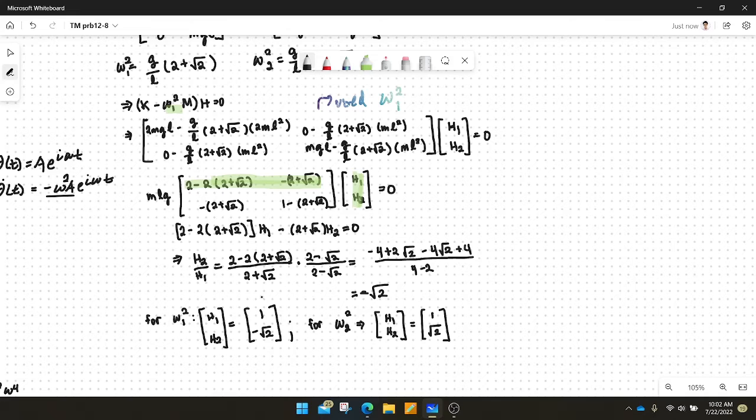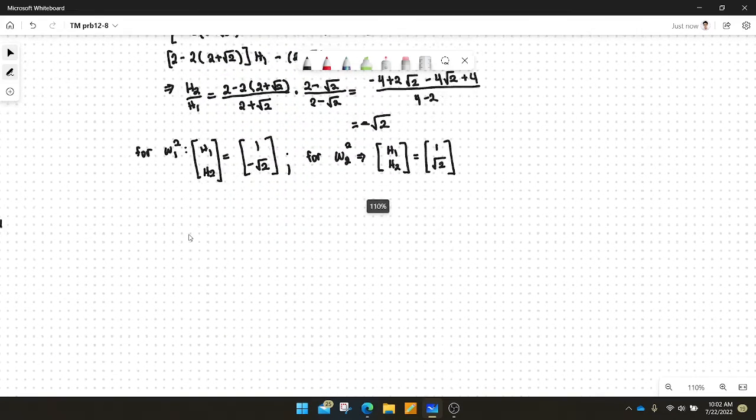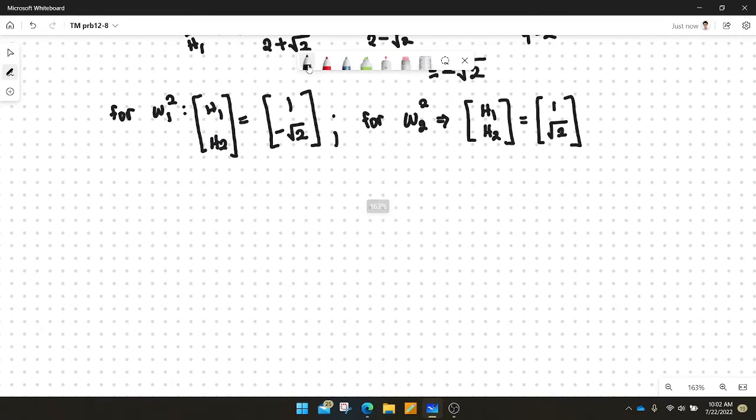So what do we now do with these eigenvectors? We have all of our components to derive the general solution for a double pendulum.